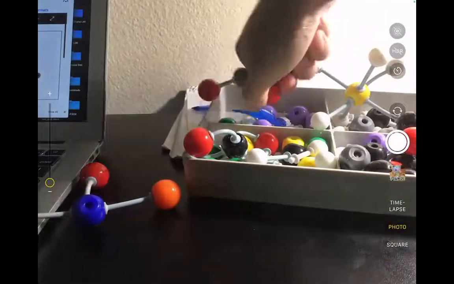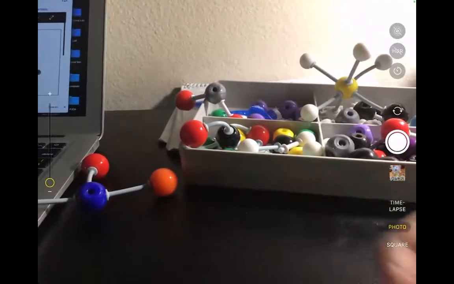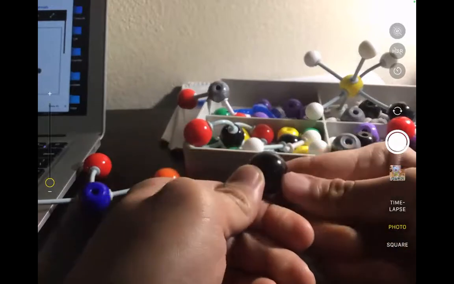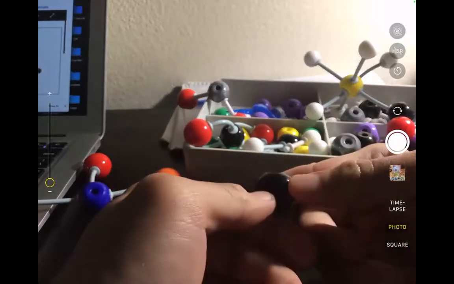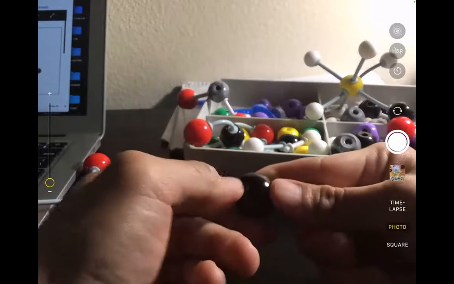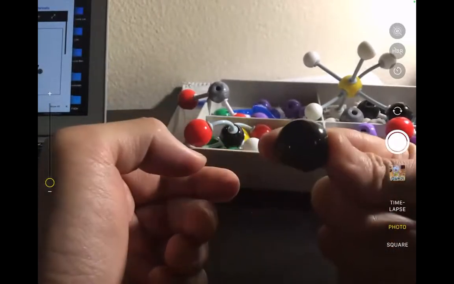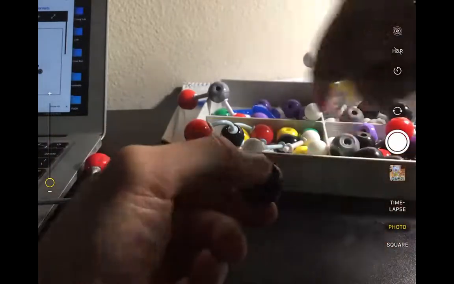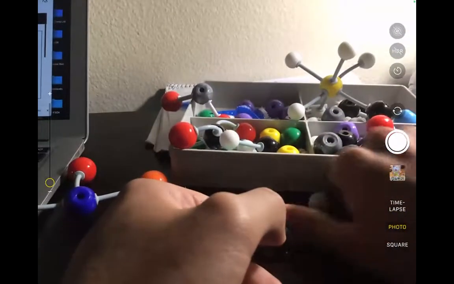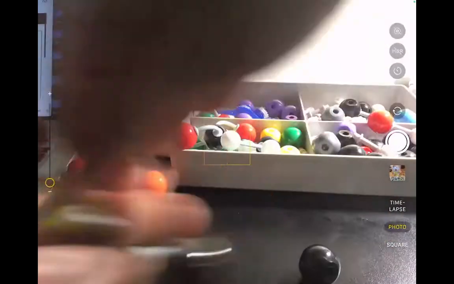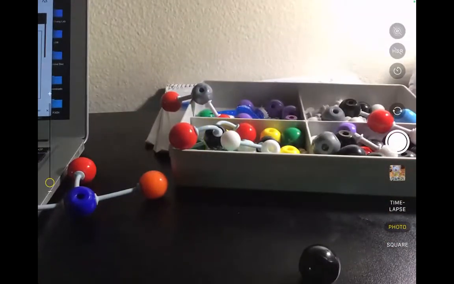I know that black sphere is supposed to be carbon, but for this example, the molecule is hydronium, OH3. We're going to use the black sphere because this is our tetrahedral atom, and I'm going to connect 3 white spheres to the black sphere.